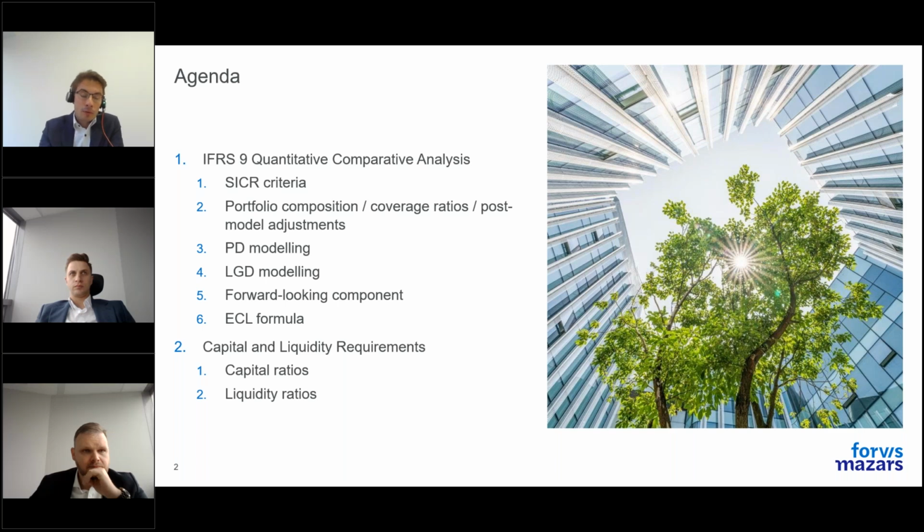We'll move to techniques used in PD and LGD modeling, the ways of including forward-looking component to those risk parameters. We'll discuss macroeconomic scenarios and their usage in ECL models, number of scenarios used by institutions and their characteristics, and we'll touch also the approach to ECL formula used by different institutions.